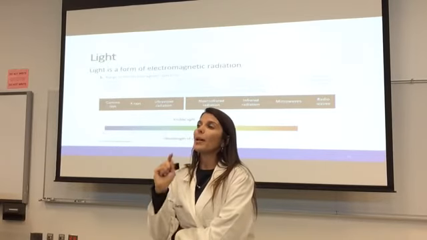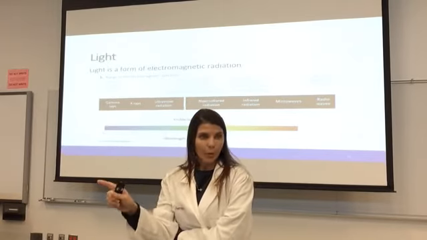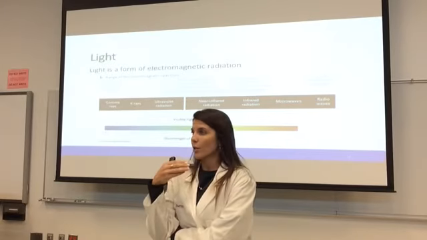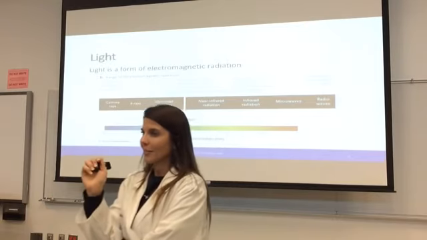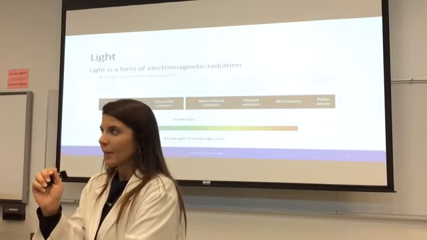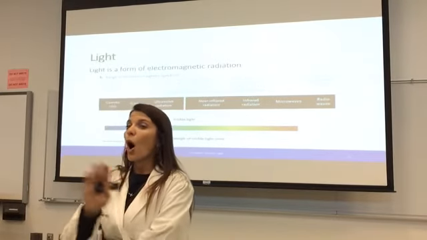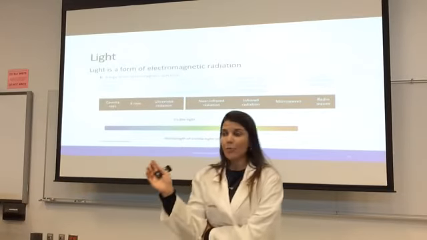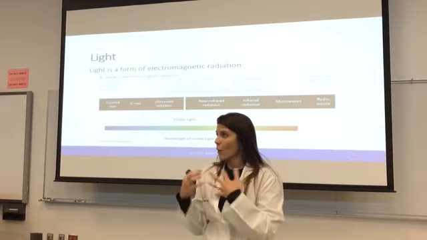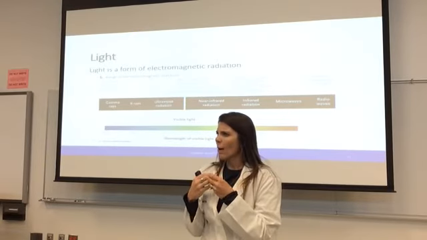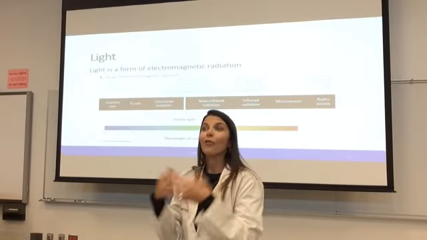The sky is blue because it reflects blue, and it absorbs all the other colors. Why is her jacket black? It absorbs all the colors and reflects none, which is why black tends to be hotter, because it's absorbing everything. What about white? It reflects everything.